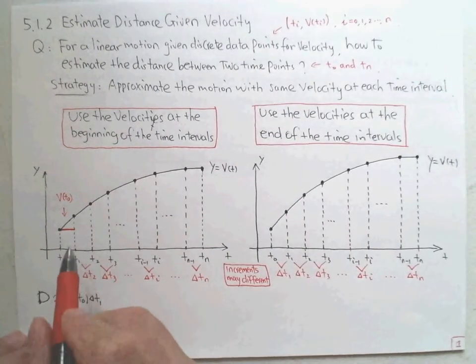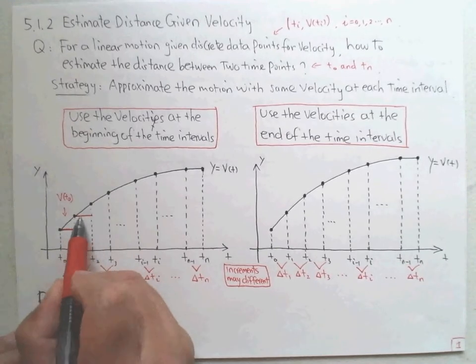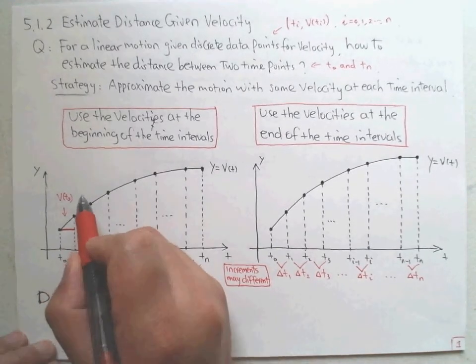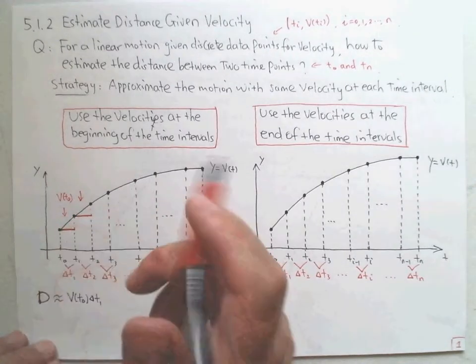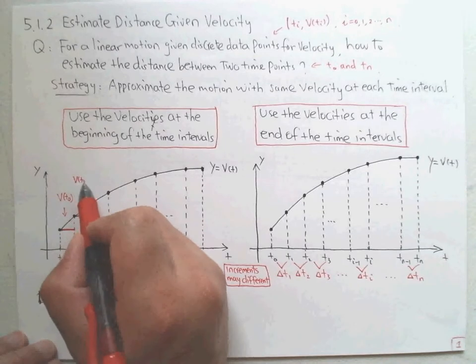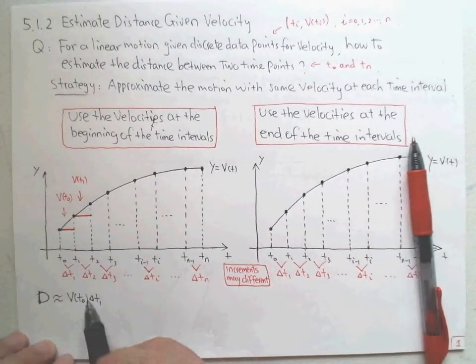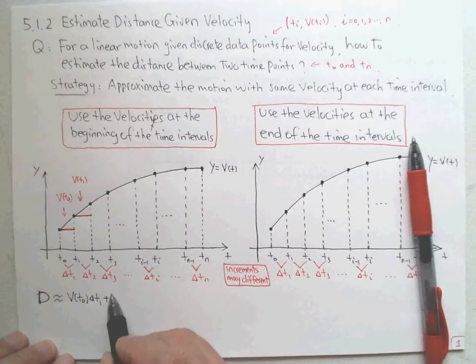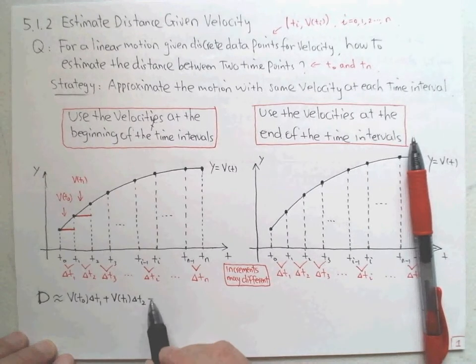For the second time period, we again use the beginning, which means the left endpoint. The particle moves, and we approximate the distance as v at t1, the left, times the time period, so plus v at t1 times delta t2, and move on.